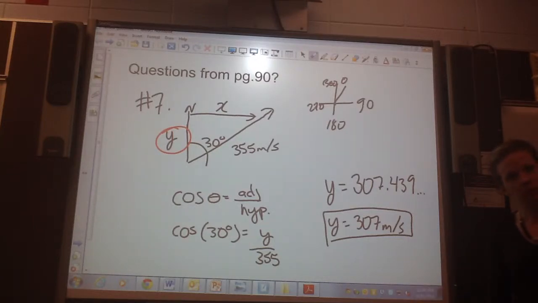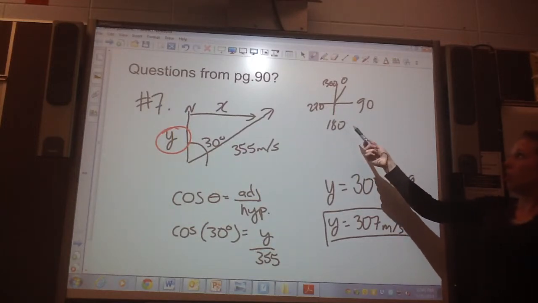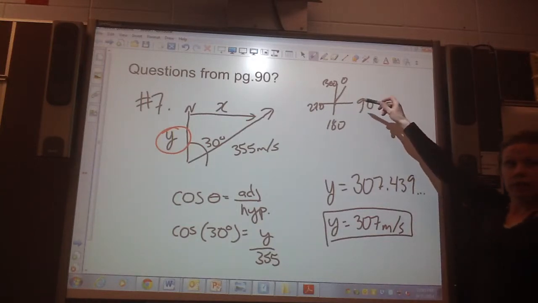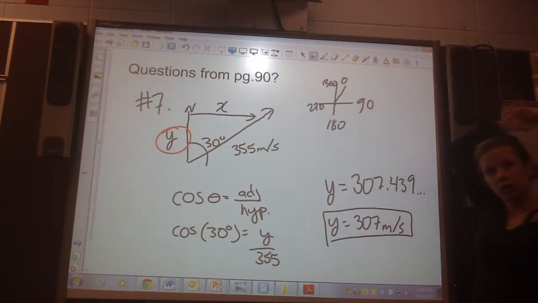You always use that bearing system? Yeah, you always use it like that with 90 on the side. Well, you could use the other one. What would be the different way to do it? Would it tell you if you were supposed to do it? Yes.